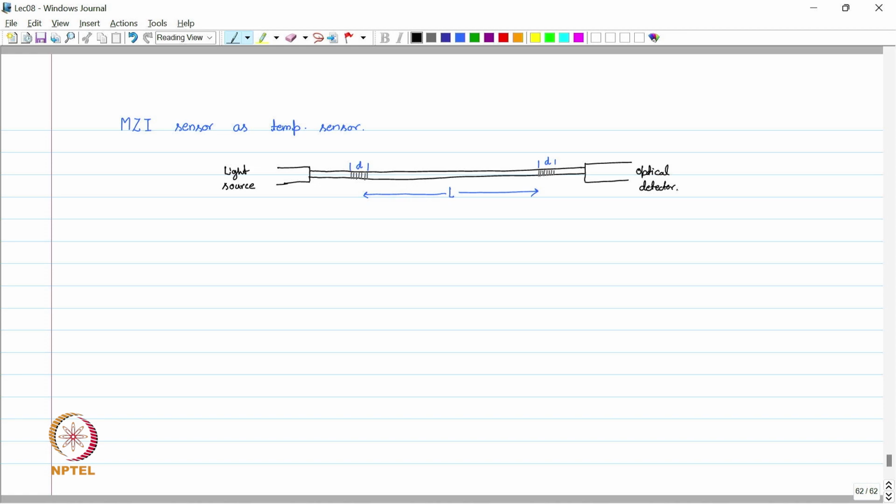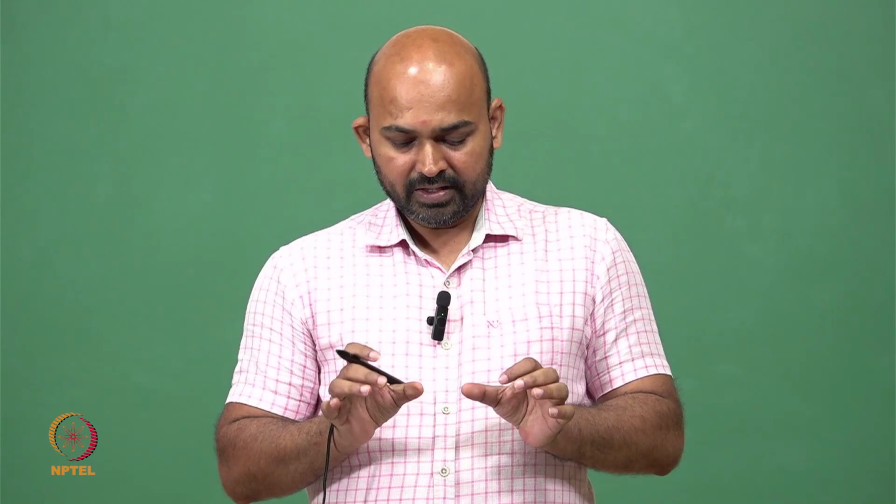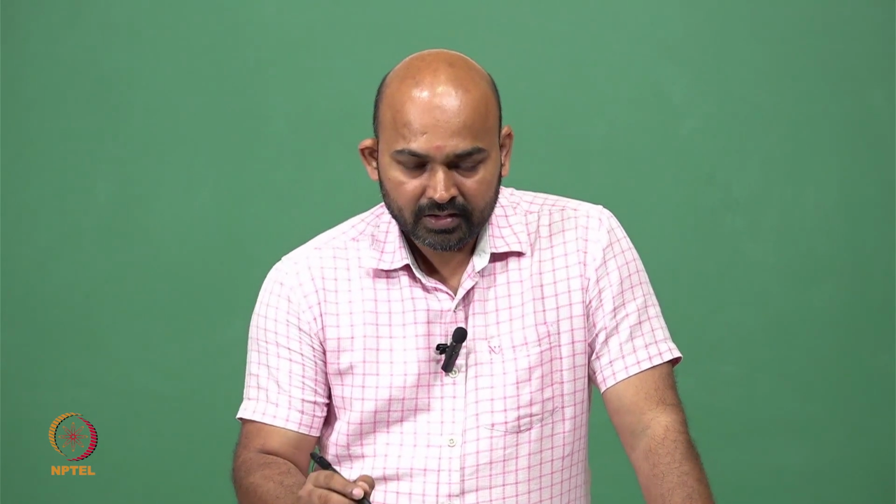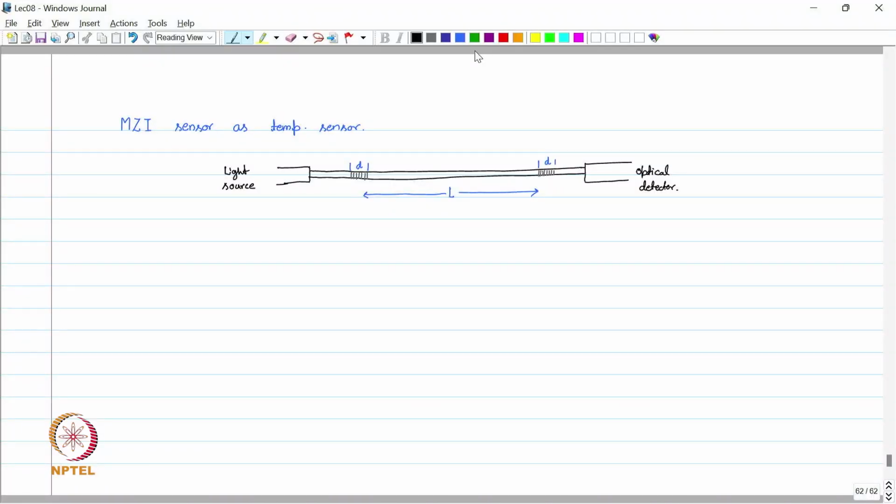Now this is the assembly of the MZI sensor. We have a fiber where we have precisely put this grating at the input side and at the output side with a distance which is known and which is fixed, L. Now we expose this assembly to the temperature which we want to measure.